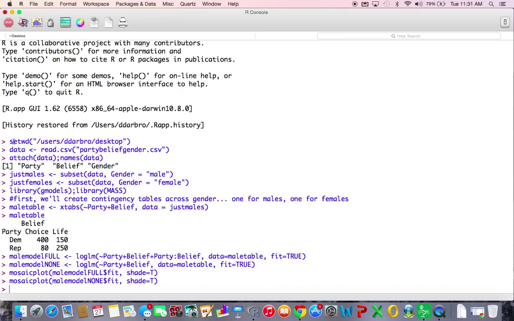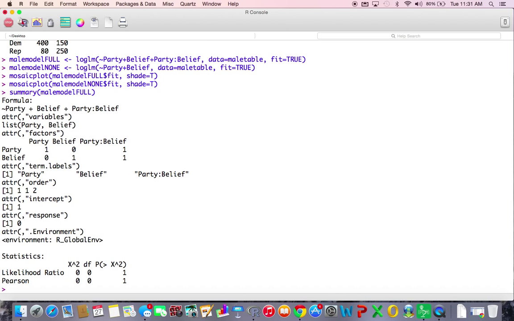First thing I want to do is look at the summary of our male model, the full one, and see what happens. You get a bunch of gibberish here, but what I immediately go to is the bottom, where I get the likelihood ratio and the Pearson chi-square test statistics, and notice that our test statistics have a value of 0 and our probabilities are equal to 1.